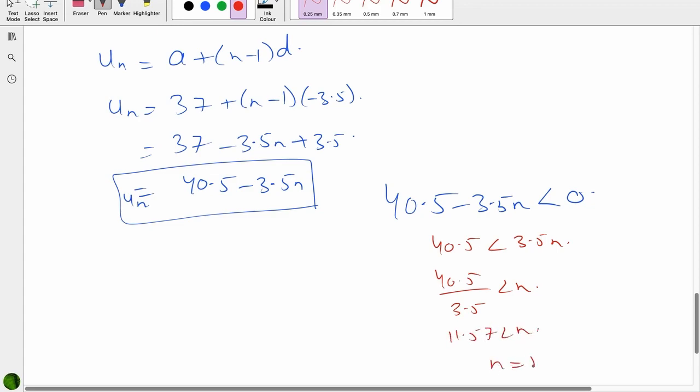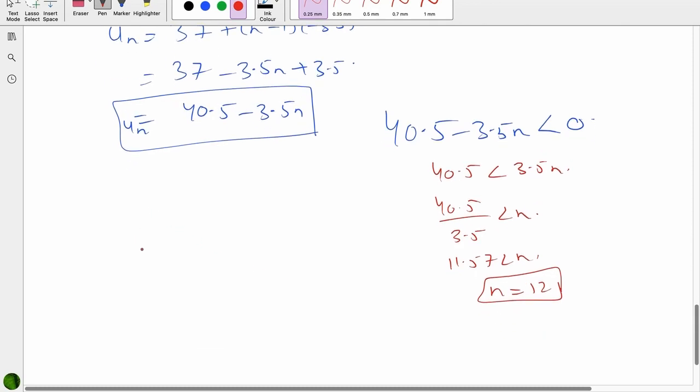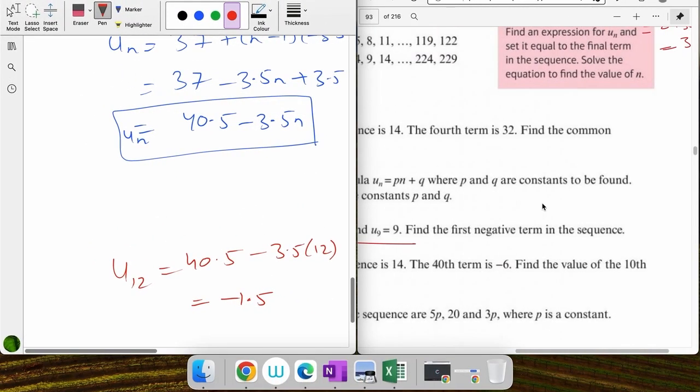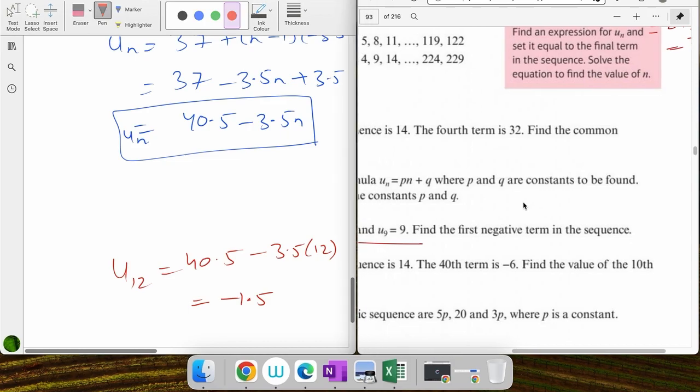So n should be equal to 12 when we get the first negative term. Let's check that quickly. So 40.5 minus 3.5 into 12. I'm getting negative 1.5. And just to make a quick check, with 11 I'm getting positive 2. So the first negative term is minus 1.5.